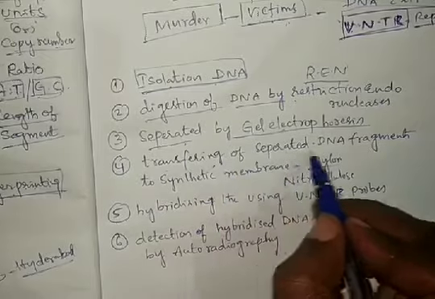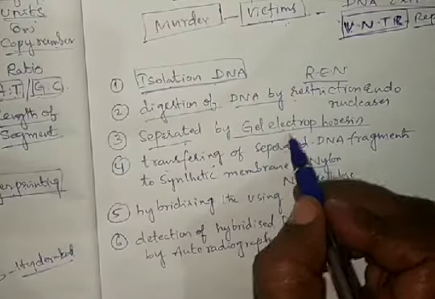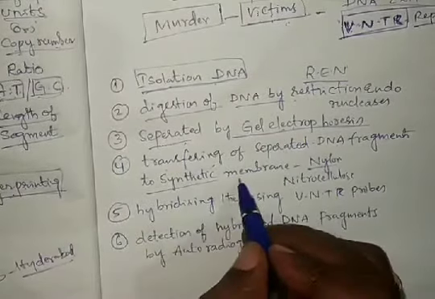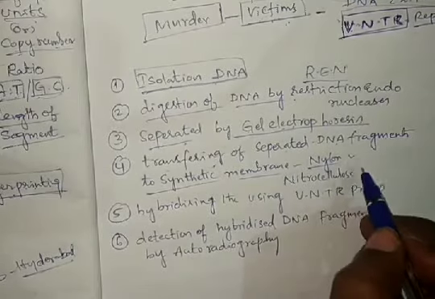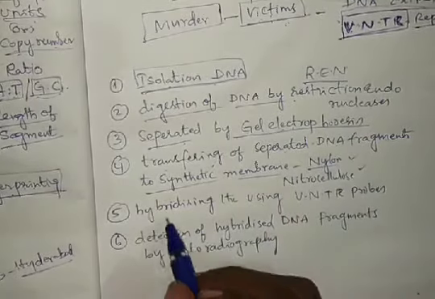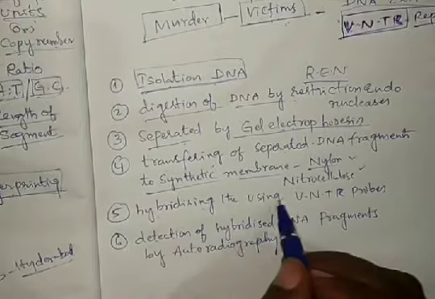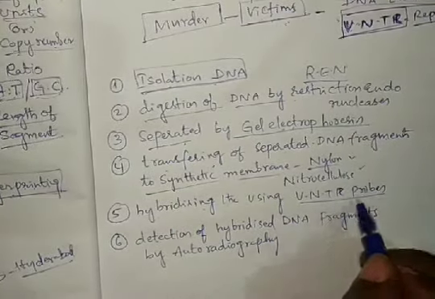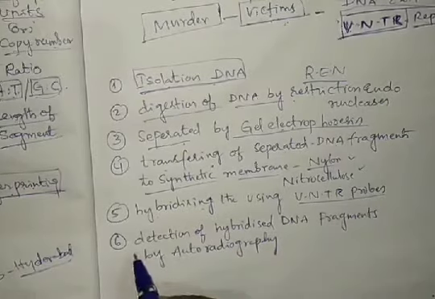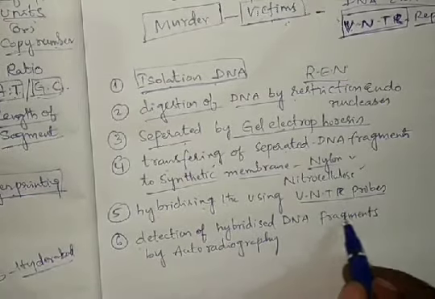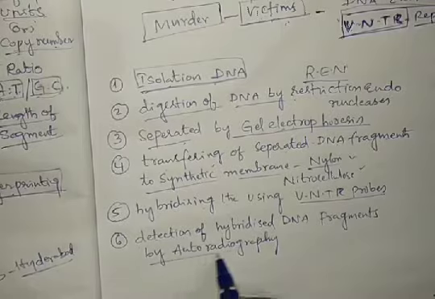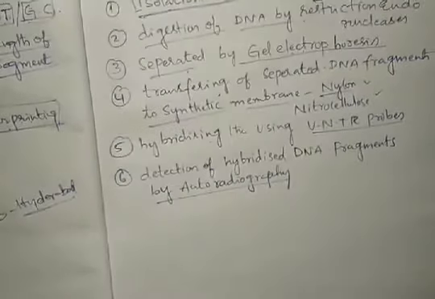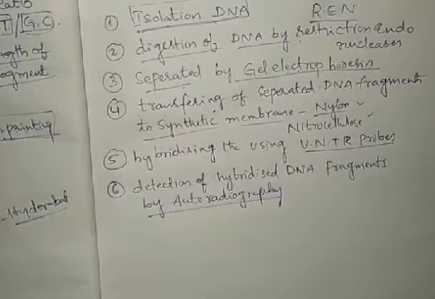Transferring the separated DNA fragments onto a synthetic membrane, nylon or nitrocellulose sheet. Hybridizing using radioactive VNTR probes. And next, detection of hybridized DNA fragments by autoradiography. These are the steps involved in DNA fingerprinting.